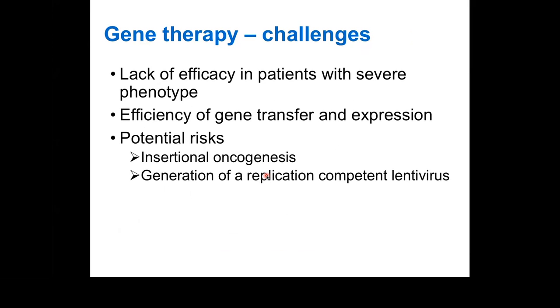Still, there are several challenges that need to be addressed. So you see there's a lack of efficacy in patients with severe phenotype. That's because even though you introduce the normal beta globin gene, that gene will not express normally if it is not incorporated in the correct area of the genome.